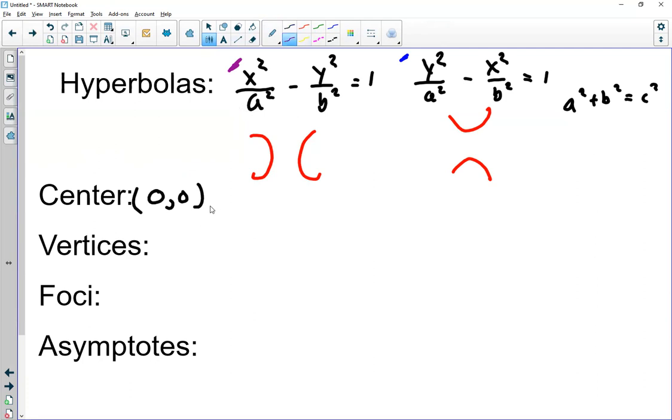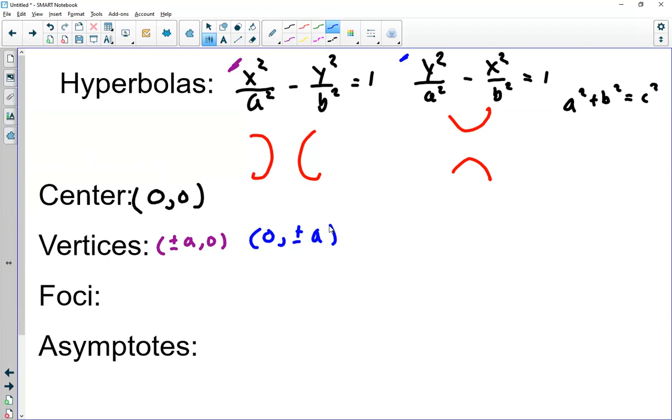The vertices: if it's the x value that's positive, not necessarily the bigger number, but positive, then it's going to be plus or minus the a value, 0. If the y is positive, it's going to be 0, plus or minus a. So very similar to the major vertices from the previous question, okay?